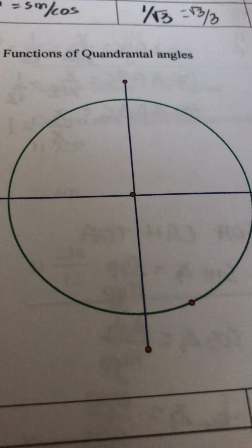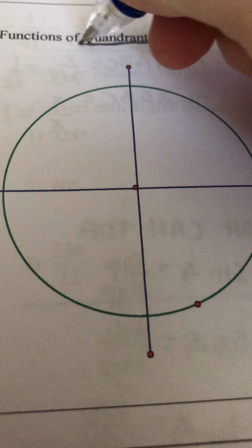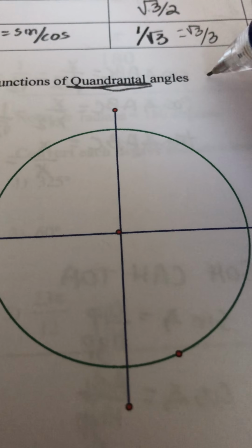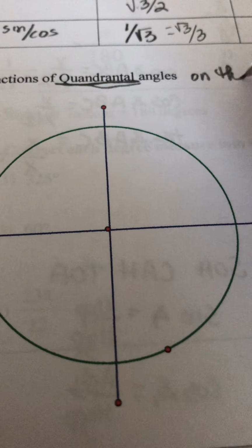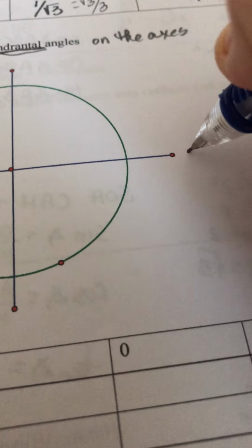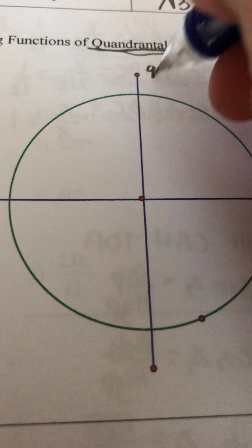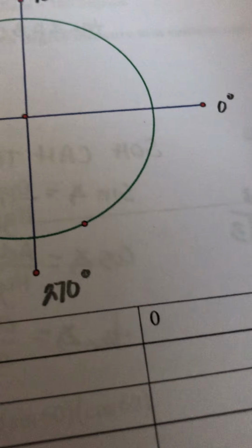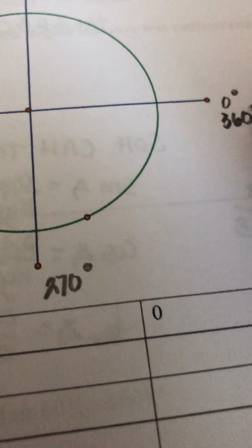Continue. Now we have something we call the quadrantal angles. Quadrantal angles are angles that are not in quadrants. They are on the axes. Like 0 degrees, 90, 180, 270, and 360.